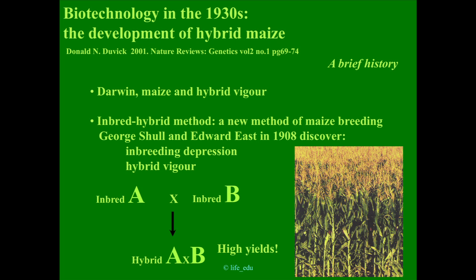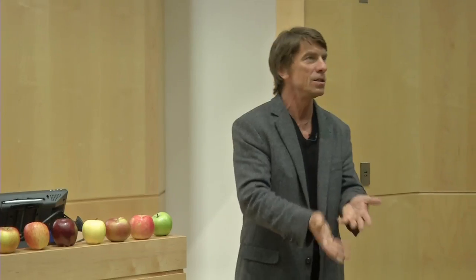And it was discovered actually by Darwin that if you cross two inbred lines, you get a heterozygous effect called hybrid vigor, that the resulting cross of two inbreds results in a vigorous response, resulting in higher yields if performed on maize.